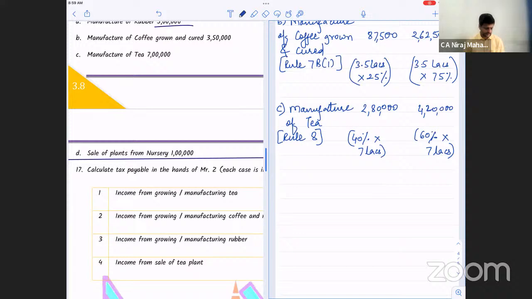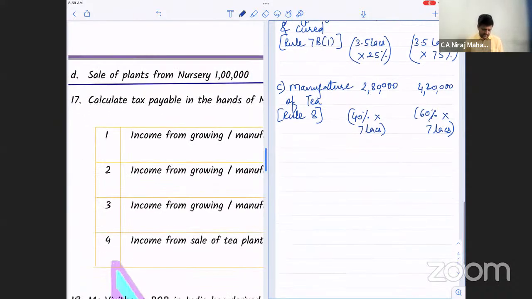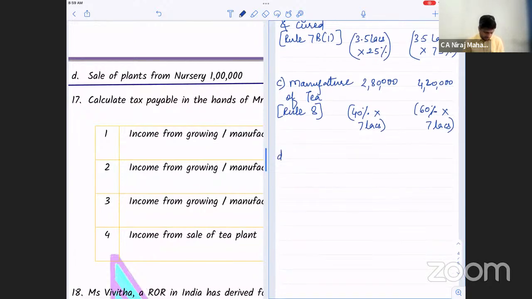All right. And last one. Don't forget this point number D. Sale of plants from nursery. How much apportionment, Bachu? What do you think? Very good, Mansi.